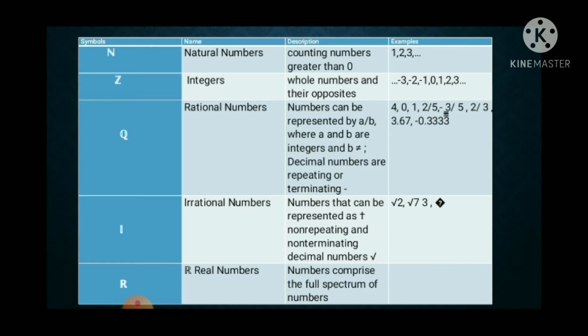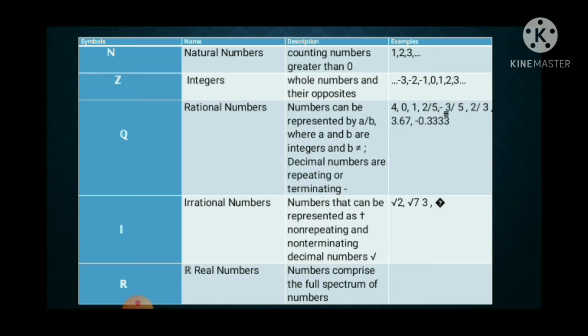Next symbol is Q. It is called the rational numbers. And it is represented as A over B, where A and B are integers. And it is also a decimal numbers are repeating or terminating. So, pag sinasabi nating terminating, it is decimal numbers that contains a finite numbers after decimal point.